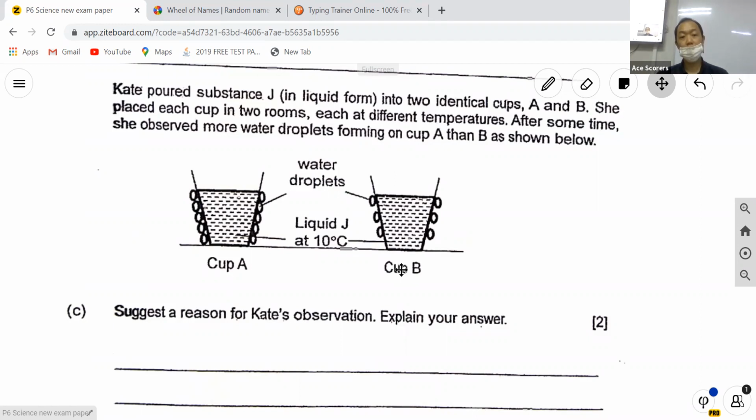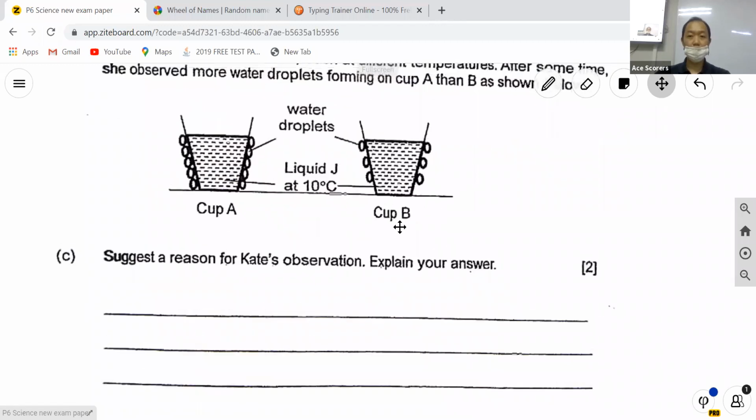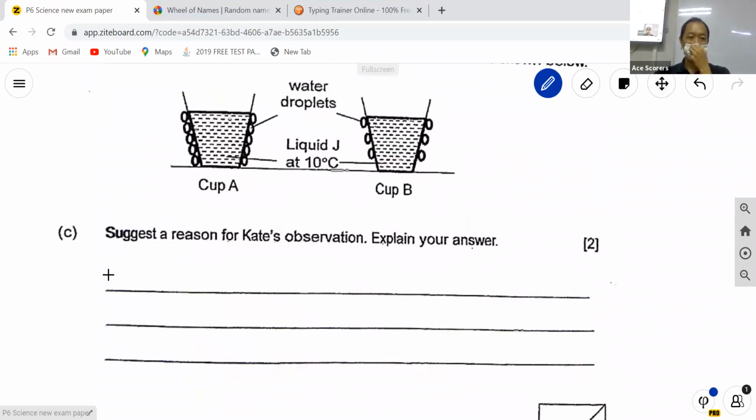Warmer. Yeah. Warmer, more water vapor. This one warmer, right? So also not easy, right? So you have a difficult question actually. So we say that cup A was placed in a warmer room.